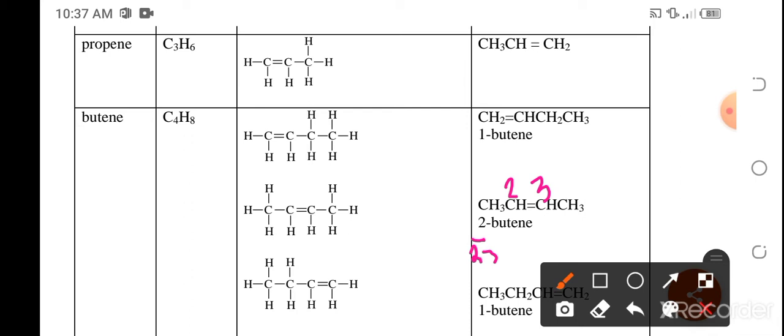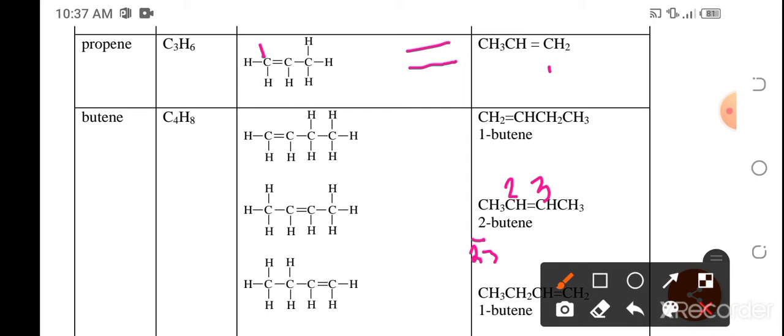Bakit hindi tayo naglalagay ng number dito sa propene at saka doon kanina sa ethene? Hindi na natin kailangang maglagay kasi nga at any rate this is carbon number 1. So kahit ibalik na rin natin yung structure, carbon number 1 pa rin yon. So it doesn't differentiate having that locant.